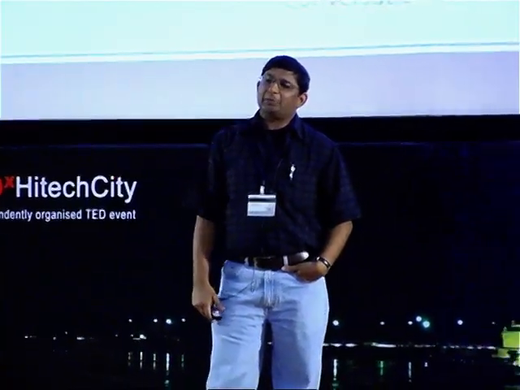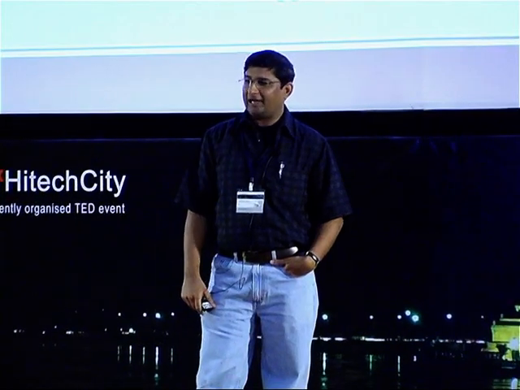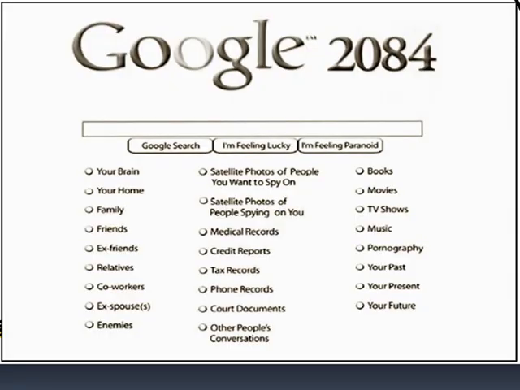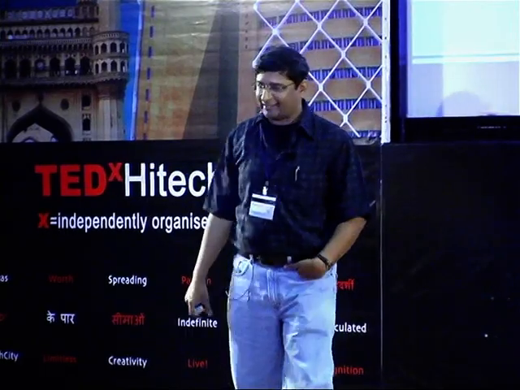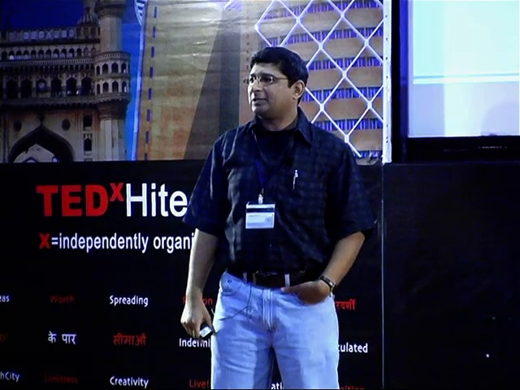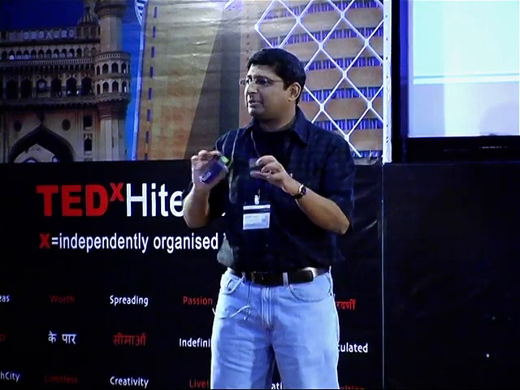Then we have to get our imagination back after doing all the hard work, right? So where to go? Imagine the definition of how Google, or any search engine, would look in 2084. You can feel lucky or you can feel paranoid. You can search in your brain, the way you have Matrix-like plugins, or you can search whatever is in your home. You can say, where are my car keys?